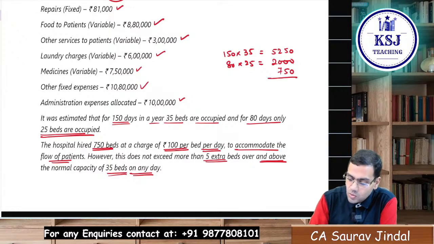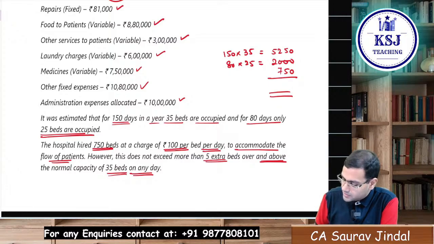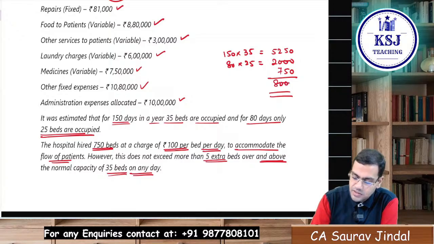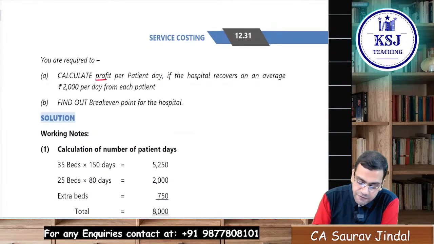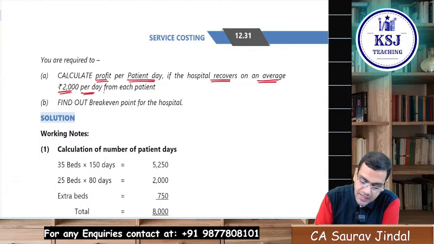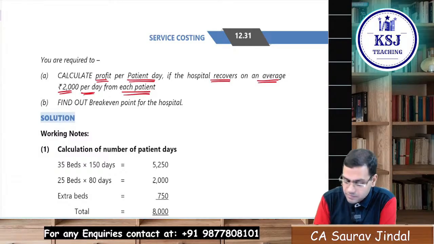So what is the total number of patient days here? 5250 plus 2000 plus 750, that is 8000 patient days. Okay, now he says calculate the profit per patient day if the hospital recovers on an average 2000 per day from each patient, right?